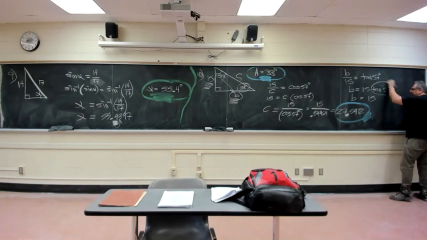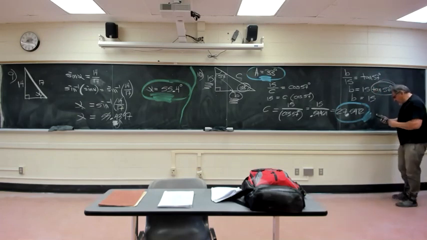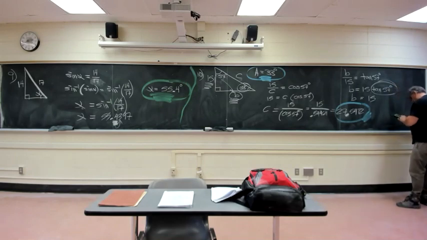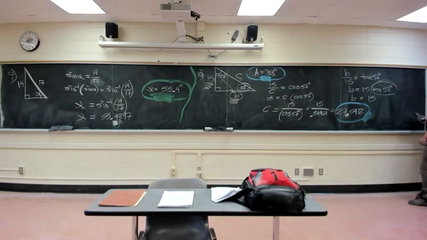Let's find what the tangent of this guy is. I mean, might as well. Tangent of 57, 1.5399.